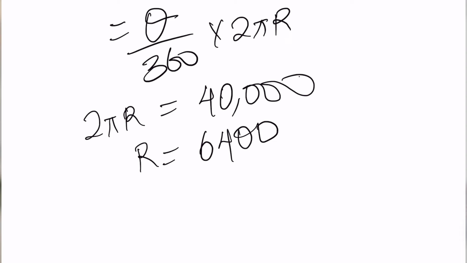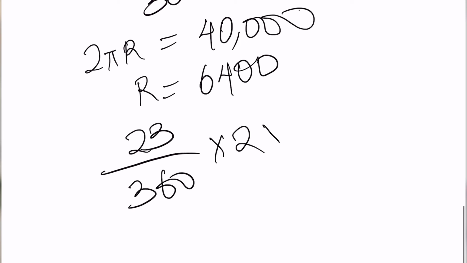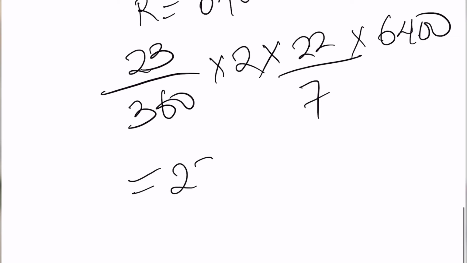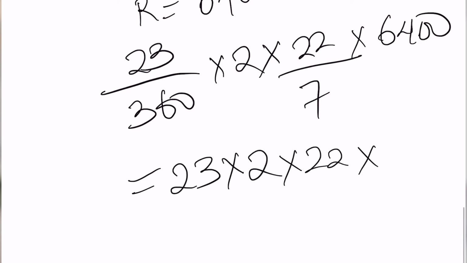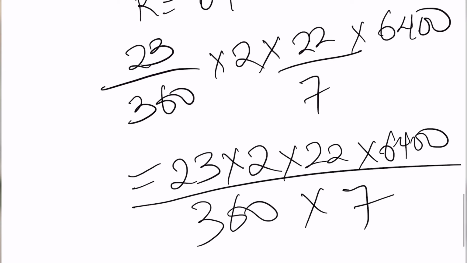So we can have 23 over 360 times 2 times 22 over 7 times 6,400. So we have it to be 23 times 2 times 22 times 6,400 over 360 times 7.